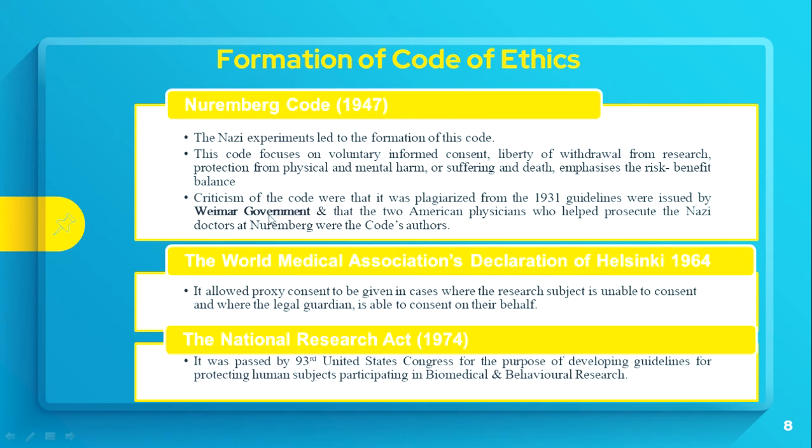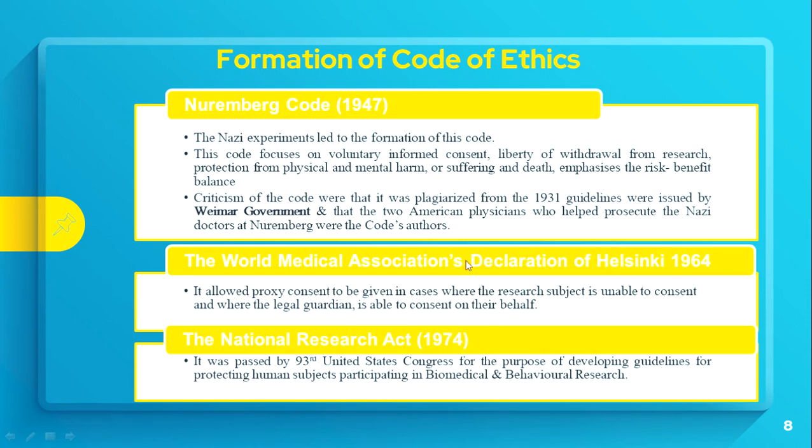The Weimar government in 1931 gave guidelines on how to conduct research, but as we all know, the Nazi government of Adolf Hitler was a dictatorship, therefore they didn't listen to any guidelines given by the Weimar government. And the second criticism was that two of the American physicians who helped prosecute the Nazi experimentations at Nuremberg were also the authors of this code. So these were the two criticisms of this code.